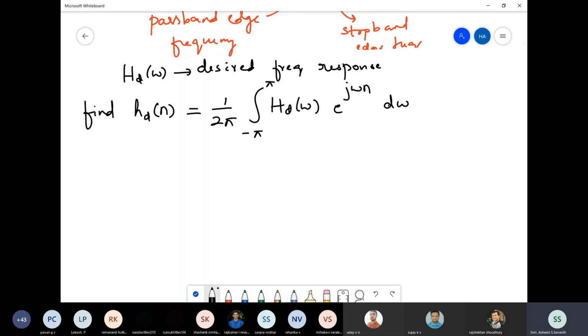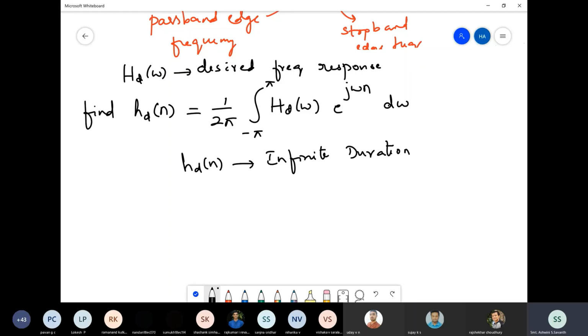That is the expression for HD of n, the inverse DTFT formula. This HD of n that you obtain is of infinite duration.